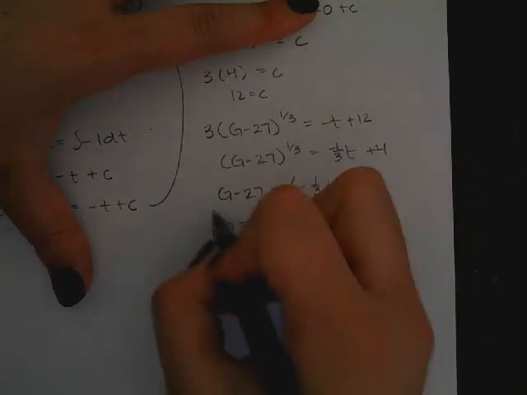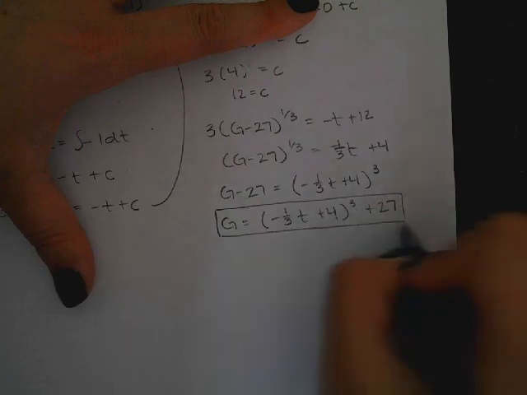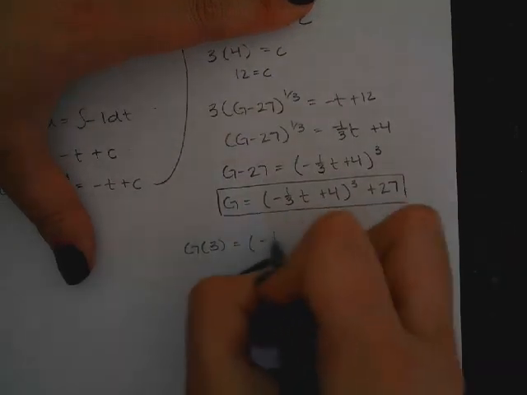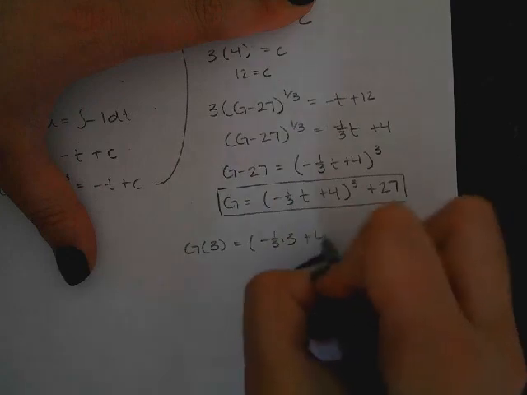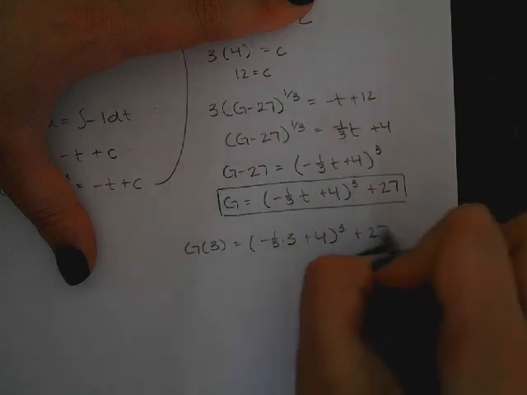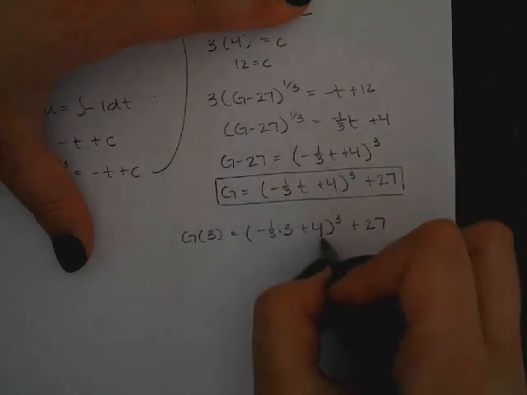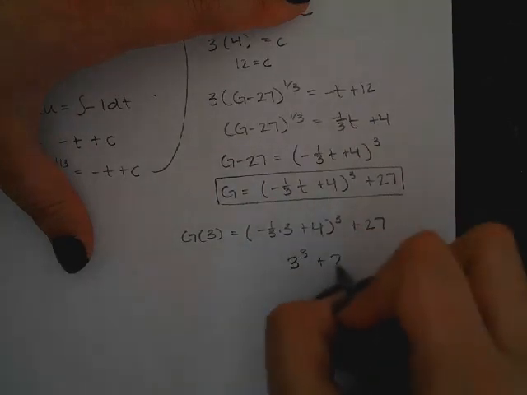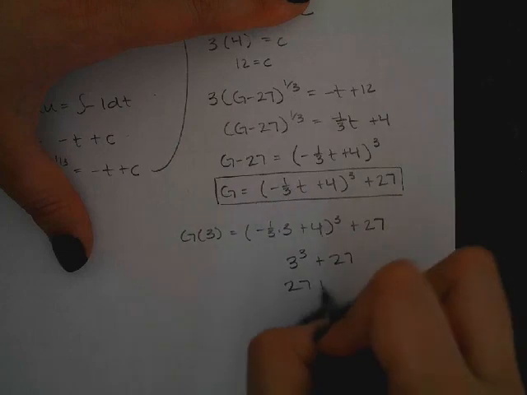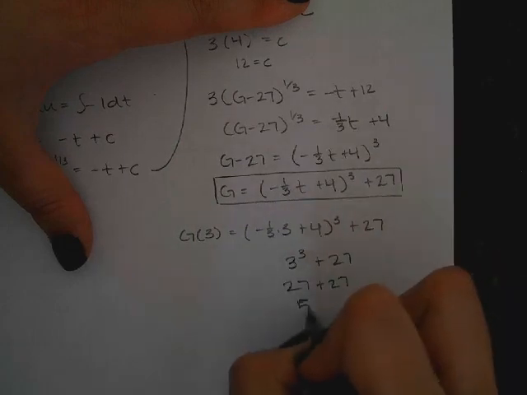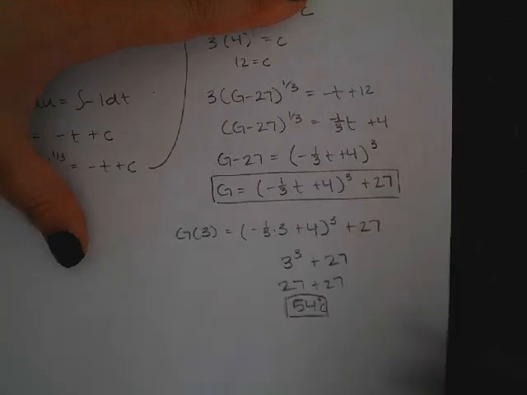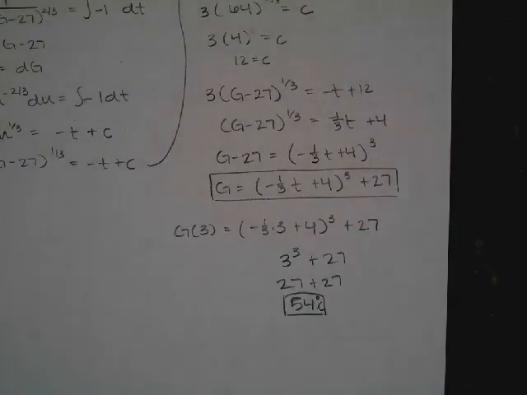And now I just have to go back and evaluate that for 3. So negative 1 plus 4 is 3. 3 to the 3rd plus 27. 27 plus 27 is 54. 54 degrees Celsius is what we would assume based on that model.